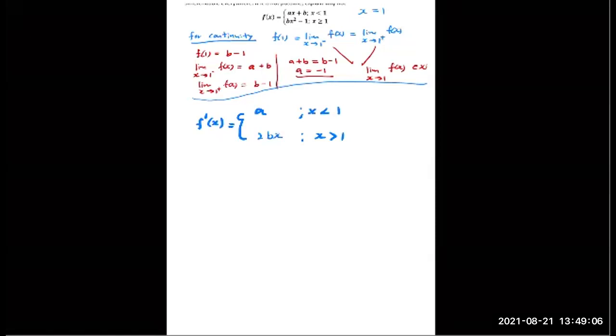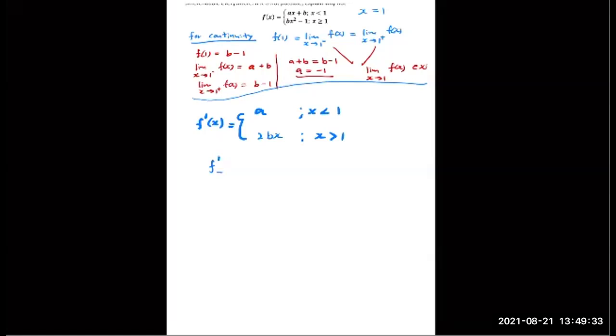I want my derivative also to be equal. The left derivative and the right derivative should be equal at x equal to 1 if I want my derivative to exist. So, to find the left derivative, I plug in x equal to 1 in this function, because this is the derivative when x is less than 1, and this is the derivative when x is greater than 1.